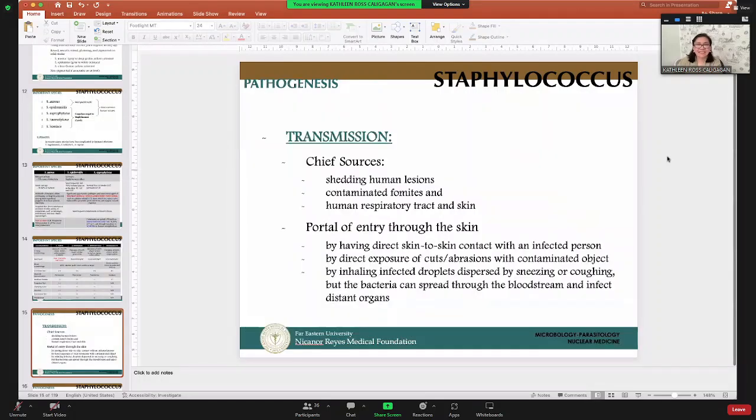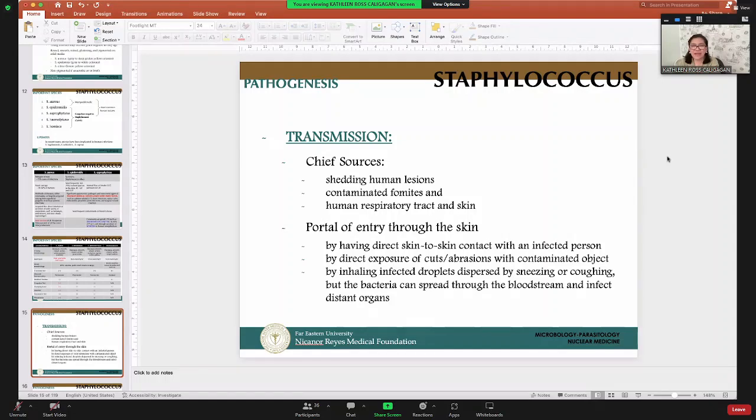Okay. Sources of infection of Staphylococcus. So you may get it from shedding of human lesions. You may get it from contaminated fomites and from the human respiratory tract and skin. Now, through how?